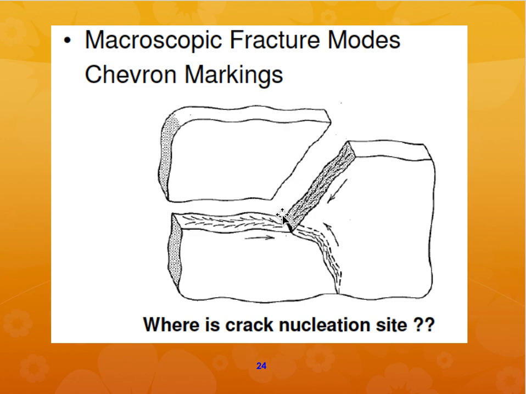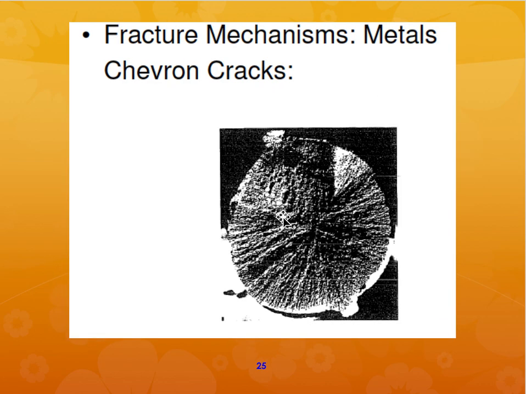Most of the time, suppose you had a notch, the failure should start from this point onwards. So here, where do you think it started from? You can see that it started from probably the center and it radiated out to all the points. Or it might have been from this point on, and it has radiated from this point on to all the rest of the areas of this sample.